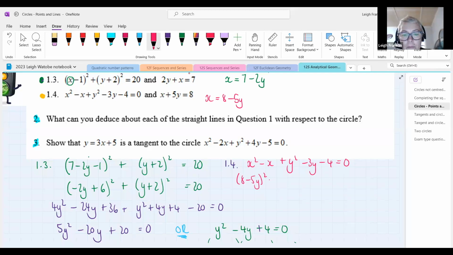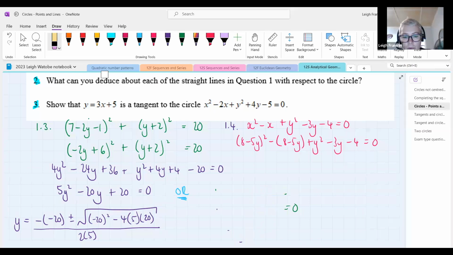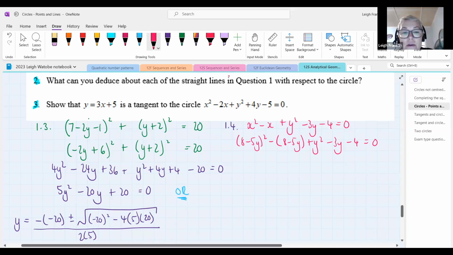And then 64, minus 40y. When you do it like this, you've got to remember to double it, so it's not going to be minus 40y, it's going to be minus 80y.